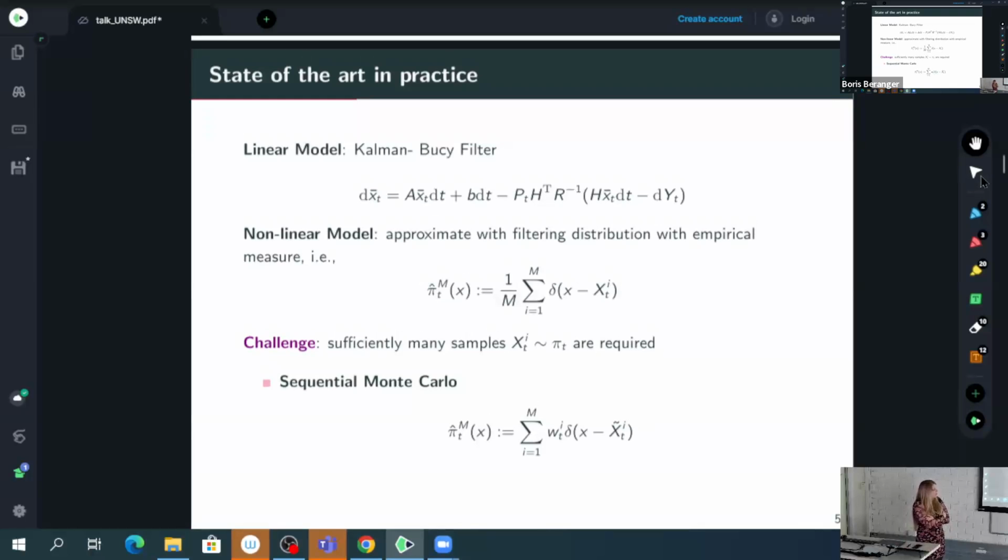But the issue is, of course, we need to generate a lot of samples with the model. And typically those models are so high dimensional that you cannot, even with a supercomputer, generate more than 200. For example, in the numerical weather prediction setting, your state space is 10 to the power of 8. And 200 is obviously nothing in this type of setting.